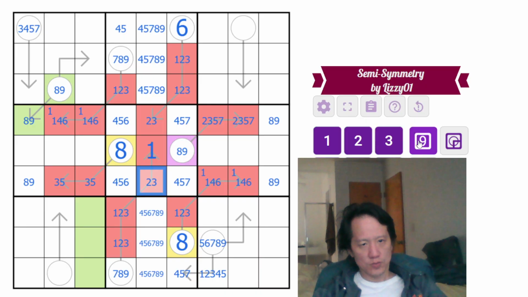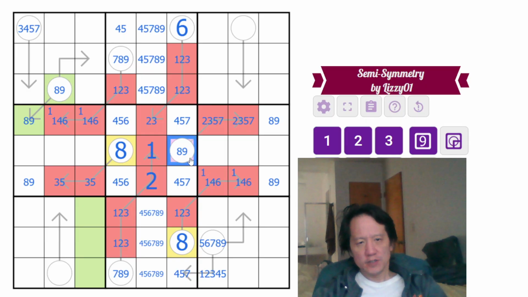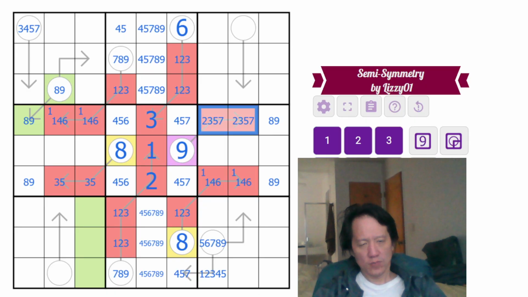This is 2. This is 9. This would have to be 3. This would be 2, 7. So the 7 could not be here, therefore this would be 7. The 5 cannot be here, therefore the 5 is here.